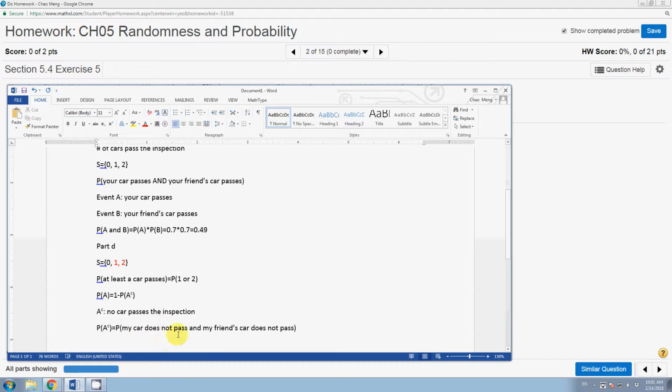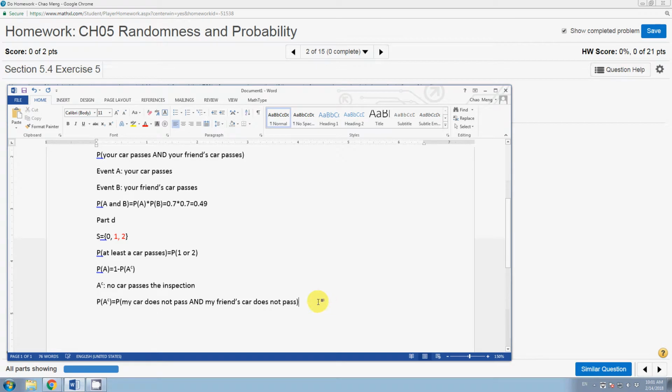Okay, so there are two events. Let me highlight this one. And this equals the probability that my car does not pass times the probability that my friend's car does not pass.